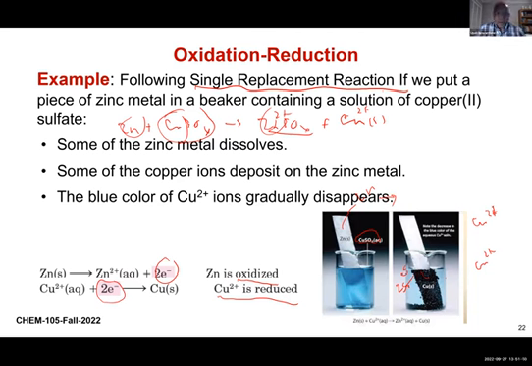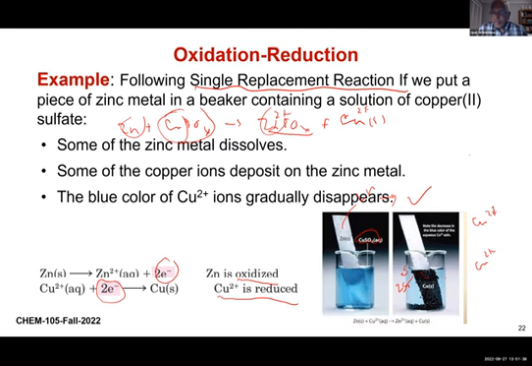Now, let me tell you one thing. If a redox reaction takes place like this, with direct transfer of electrons, it's not useful for chemistry.